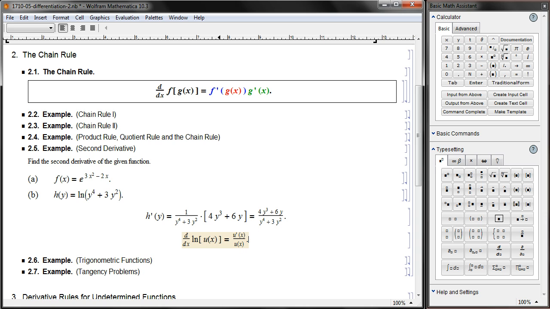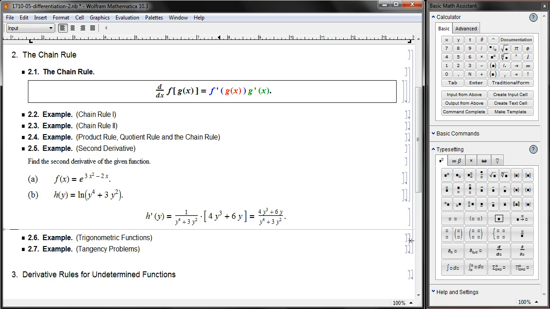By chain rule, inside stays the same, and you have to multiply the derivative of the inside. But if you multiply something to a fraction, the multiplication goes to the numerator. So it goes like this, and you can regard it as a formula if you prefer. Personally, I prefer to use it as a chain rule, and that is the first half of the problem. Let's go to the second derivative.